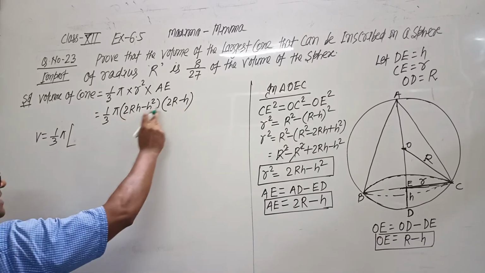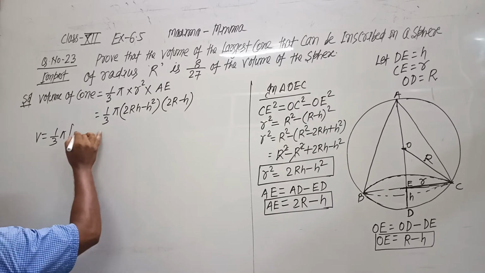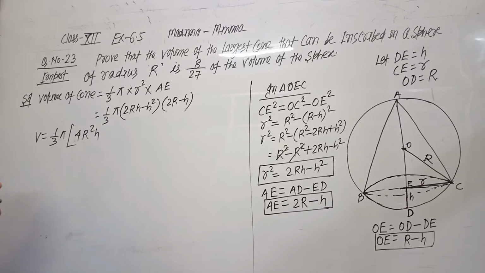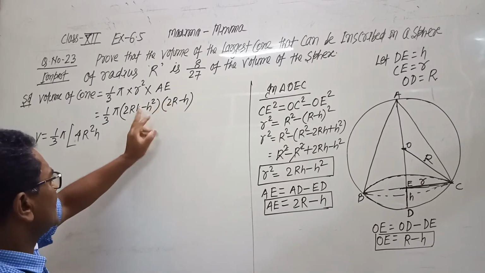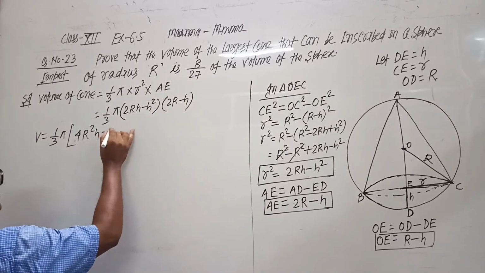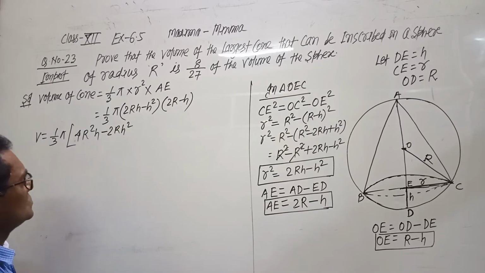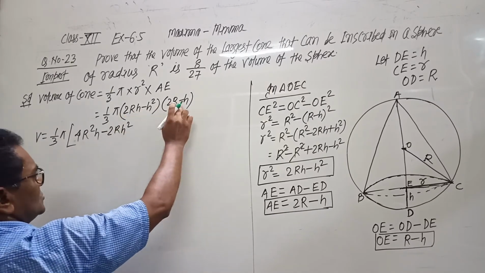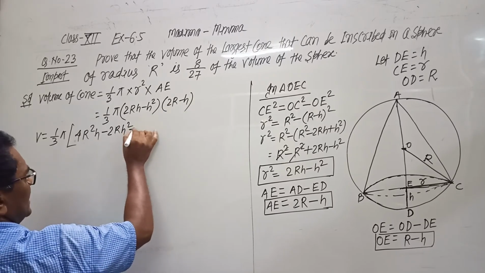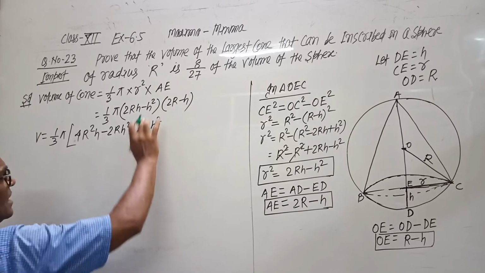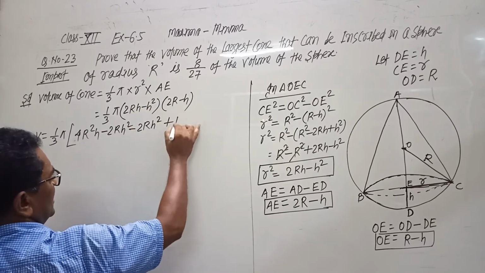So 2rh into 2r comes to be 4r square h, minus 2rh square, then minus h times 2r gives minus 2rh square, and minus h times minus h gives plus h cube.